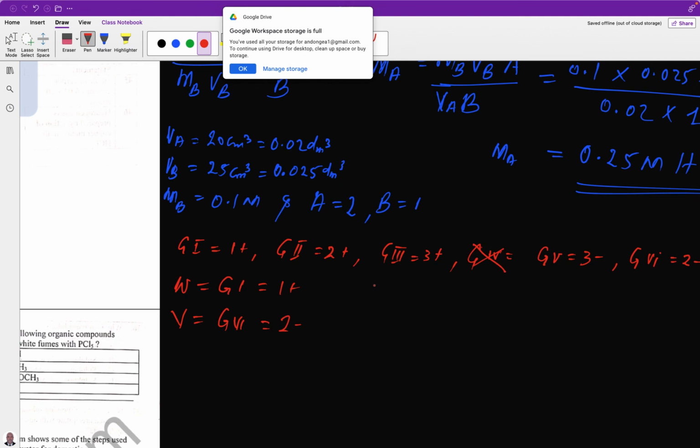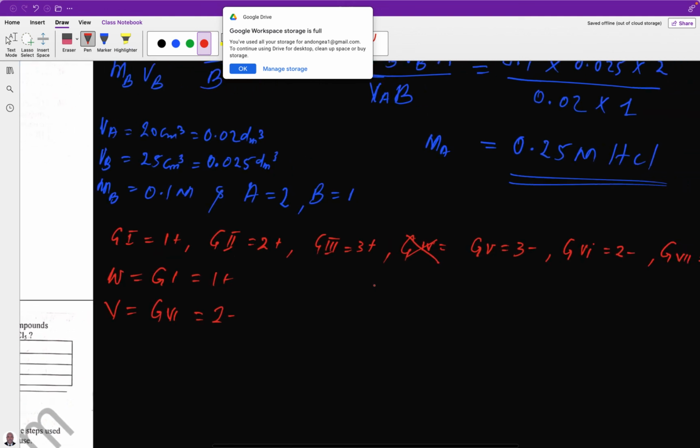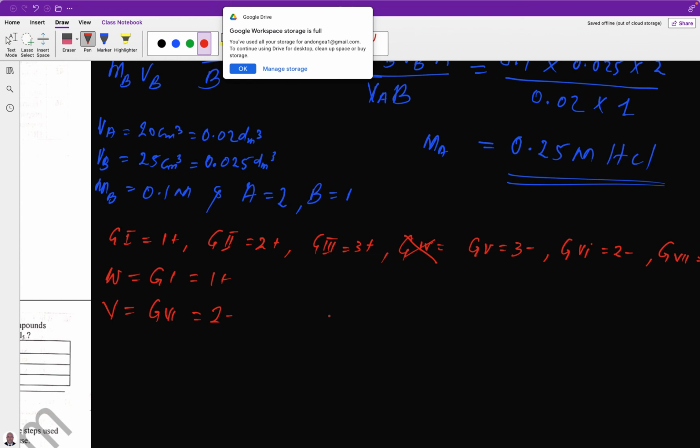Now, to get a formula between these two, there is a method. The simplest method you can easily understand: this is W and this is V. Their charges are plus 1 for W and 2 minus for V. I don't want to go to method number 2 because of time.